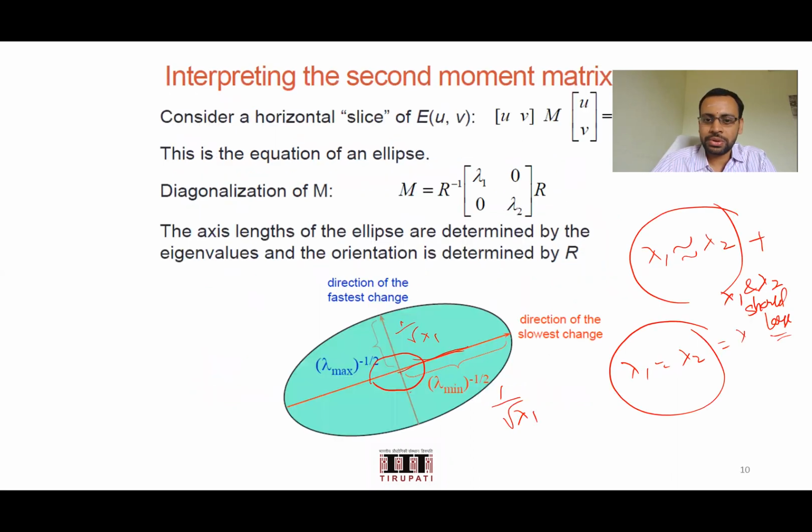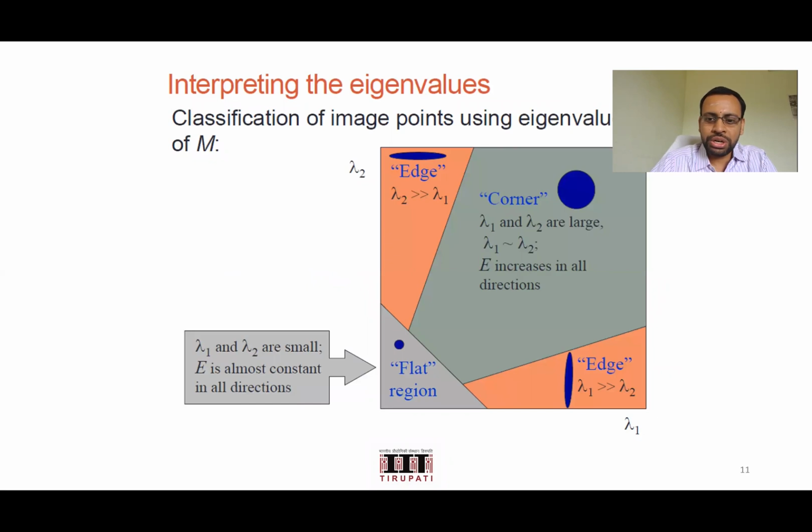So this would result in one kind of edge, let's say a vertical edge, because Ix is horizontal. So you double check my statement there. If not, it would be the contrary, where lambda 1 is very much larger than lambda 2.